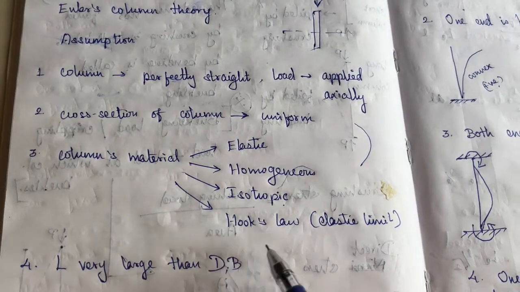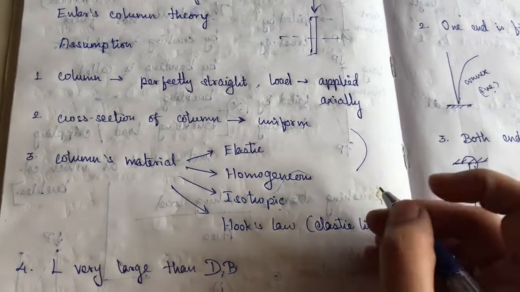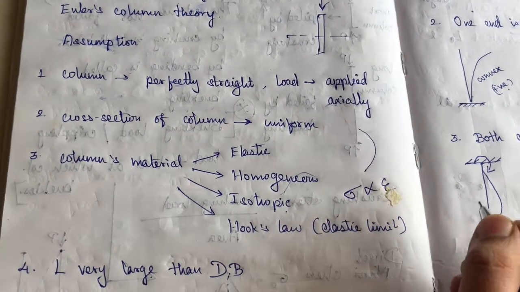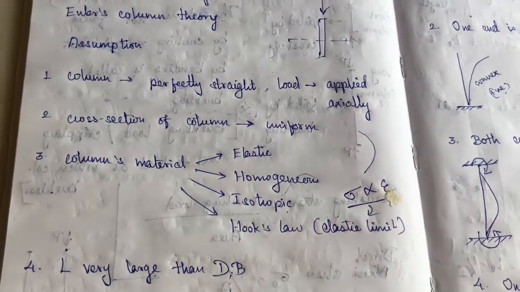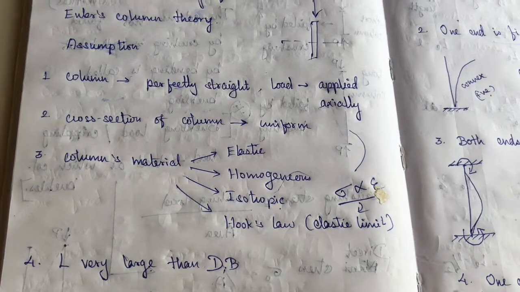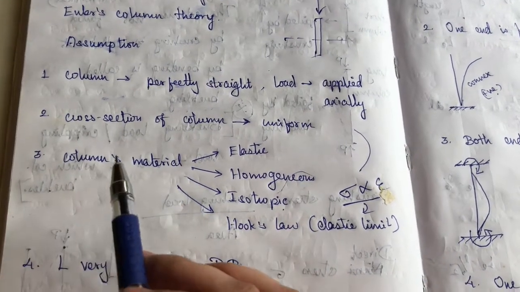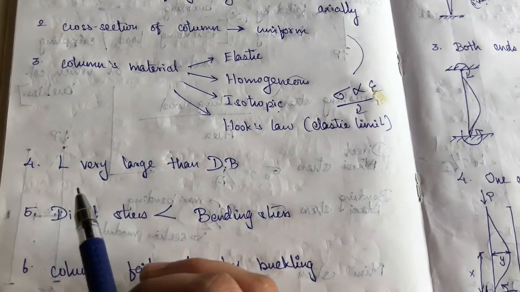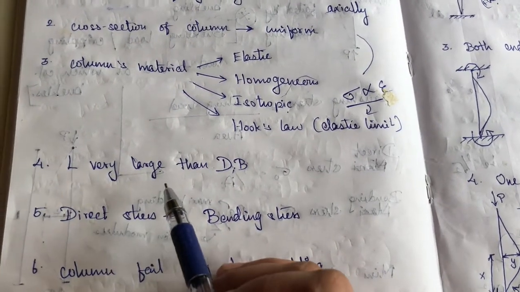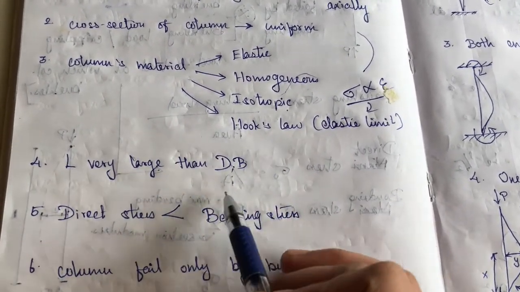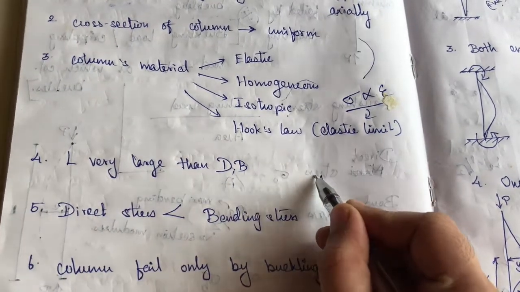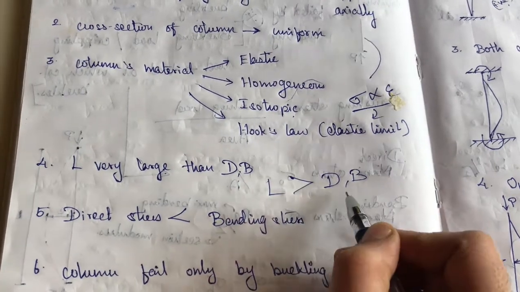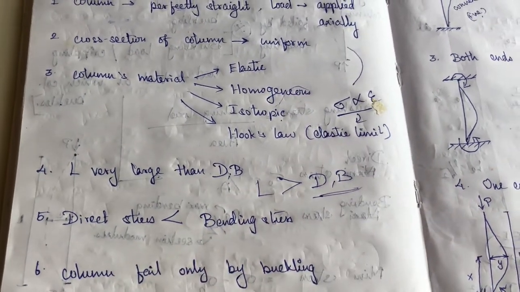Then Hooke's law is nothing but stress is directly proportional to strain within the elastic limit. So this is what the material should be. Next one, the length should be very large as compared to the lateral dimension. Lateral dimension means depth and breadth. So L should be greater than the depth and breadth.